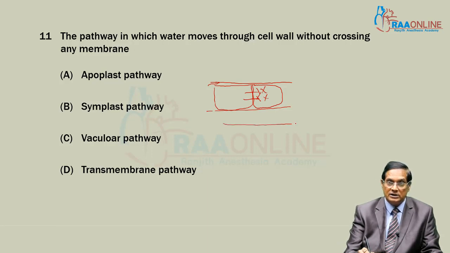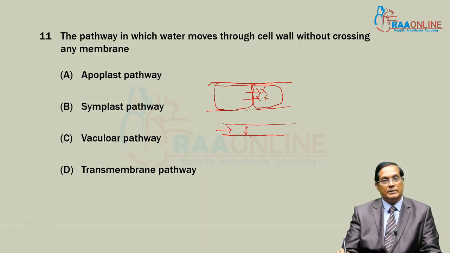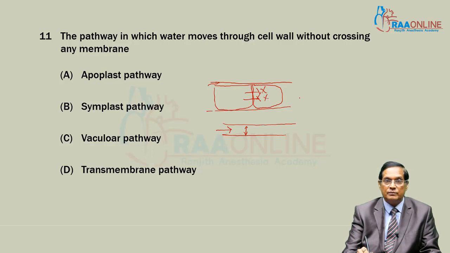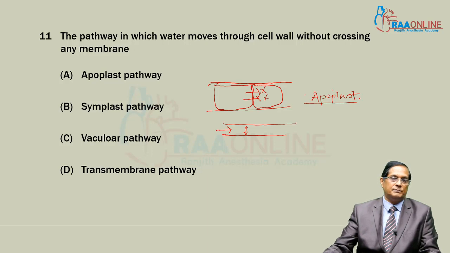That is, movement of water takes place in the intercellular space as well as the space between cell wall and the membrane. In both the cases, water does not cross membrane. This type of movement is called apoplastic movement. This is called apoplast. In the apoplastic pathway, membrane is not at all involved.